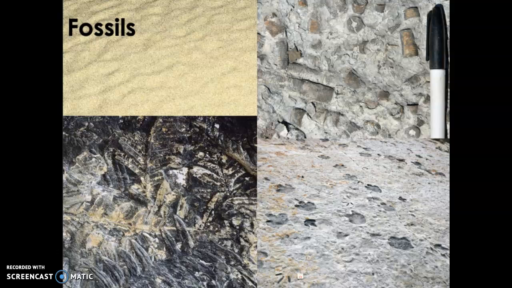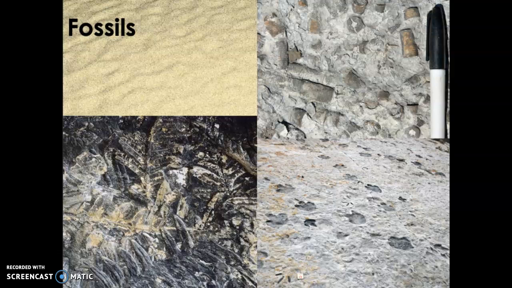Soft parts usually get destroyed in the process. So, for example, with dinosaurs, we mostly find dinosaur bones. In a few cases, we can find some skin impressions and some other things. But mostly what we have from the dinosaurs are bones. So when you get softer materials preserved, that is something that is very much prized by paleontologists, which are people that study fossils.